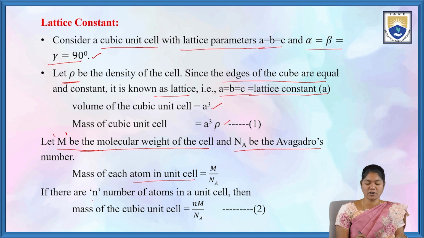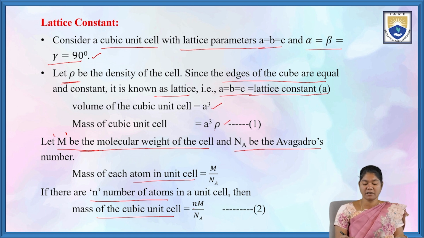If there are n number of atoms in a unit cell, then the mass of the unit cell is equal to nM by Na.